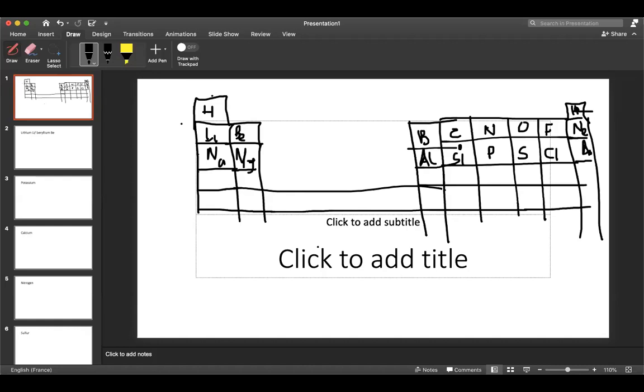Then we come to potassium and calcium. Now, I want to put this other one up so that we have scandium there. So now, I want you to picture this periodic table as we do the electron configurations.